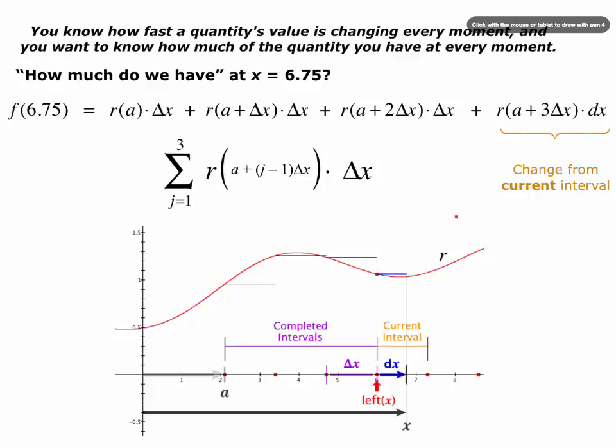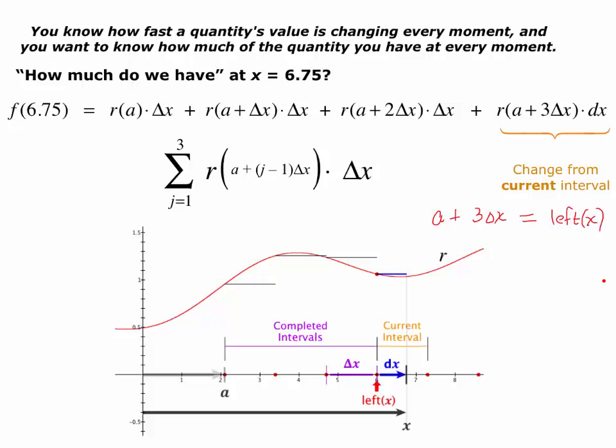So a plus 3 delta x is exactly the same thing as what we're calling left of x. And this gives us some insight into this function left of x. What is it?